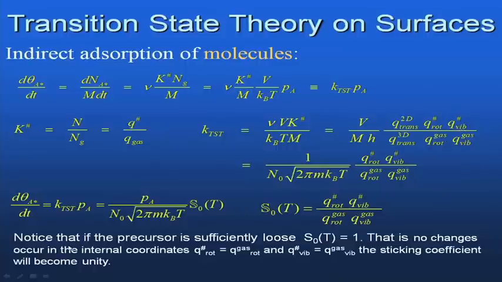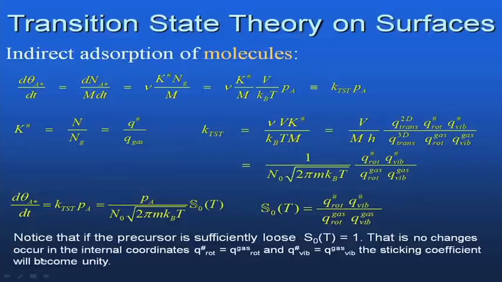Okay. So, notice that if the precursor is sufficiently loose, it means it is not sticking very strongly onto the surface. That is, no change occurs in the internal coordinates, and the sticking coefficient will be very close to unity.